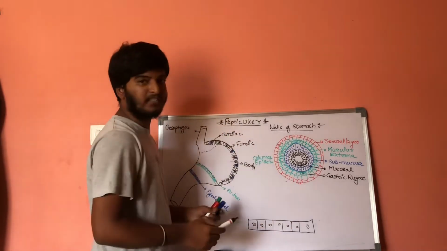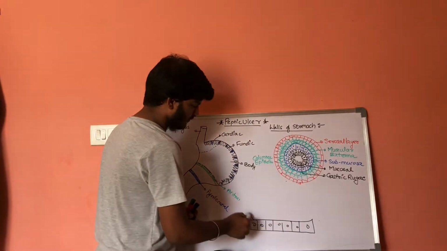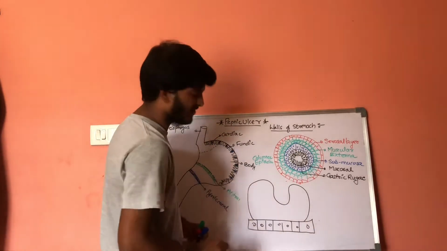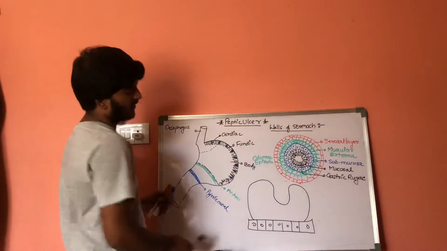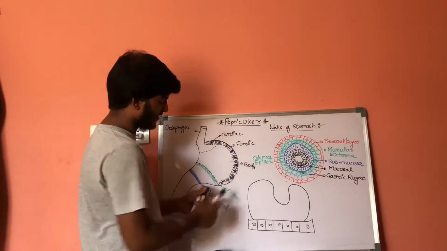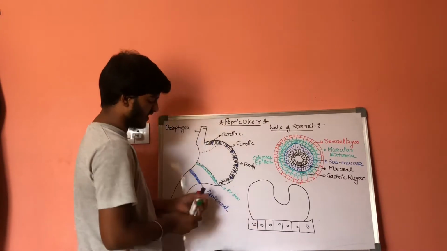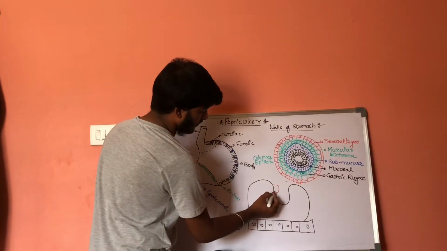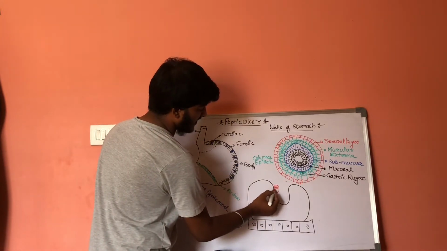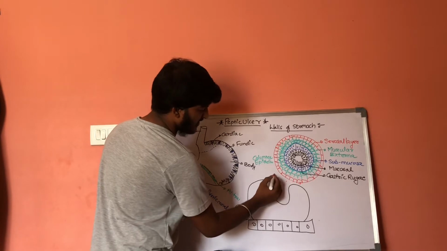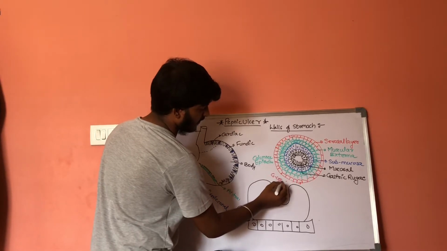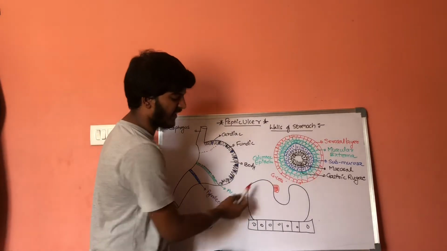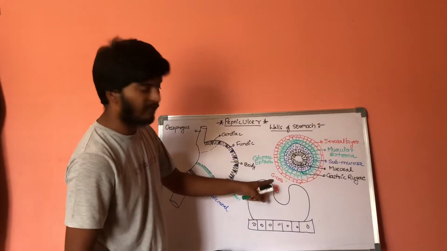Let us consider this is a mucosal layer and this is one gastric rugae. In between the pits there is a special set of cells present. These special cells are called G cells. G cells are nothing but gastrin cells. These help in secreting gastrin. So these are one set of cells.